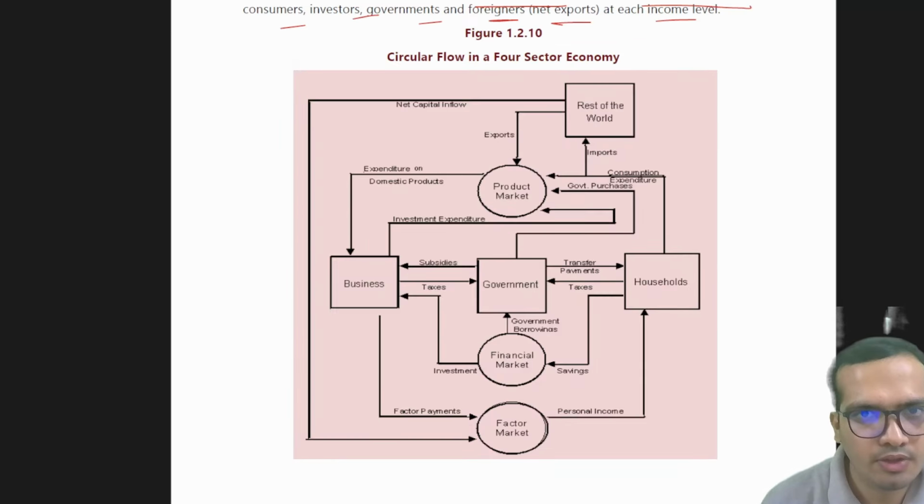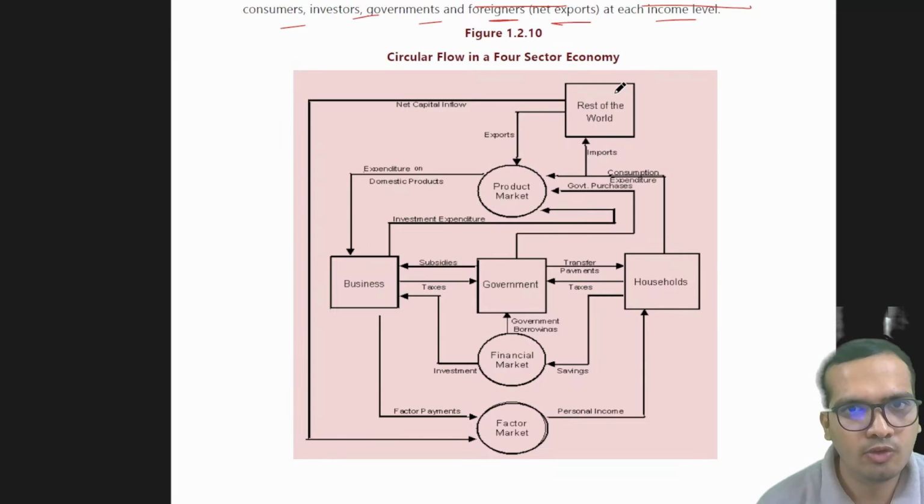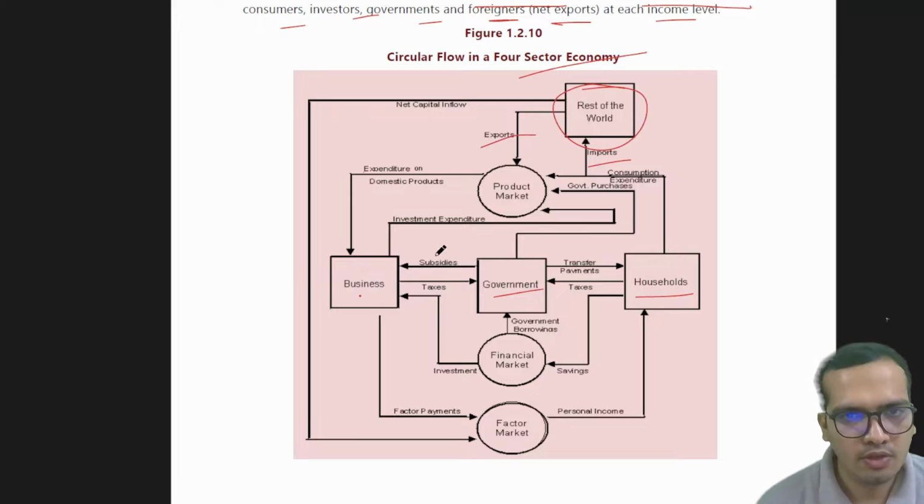Then we have the circular flow in the 4 sector economy. So we saw already there were 3 components: businesses, government, and household, and the fourth, the export and import part, is added. So you can see some household consumption expenditure has been imported and some is routed to the product market.